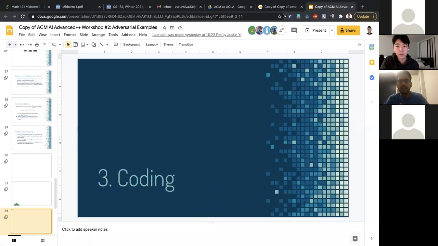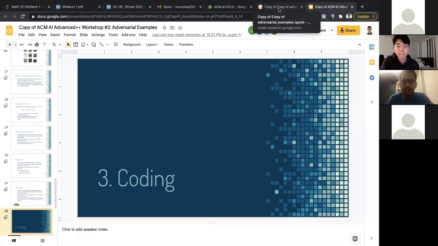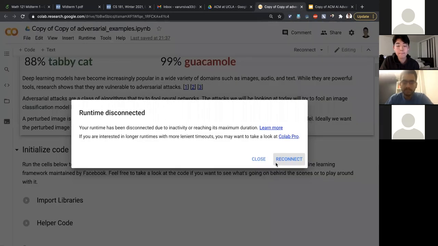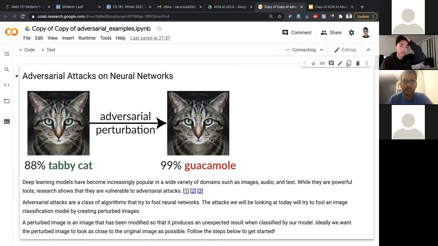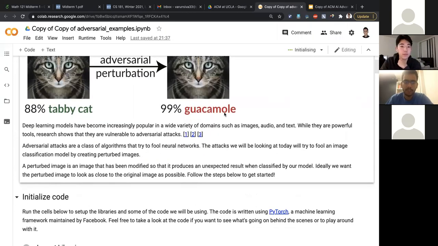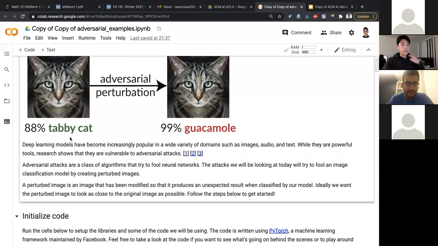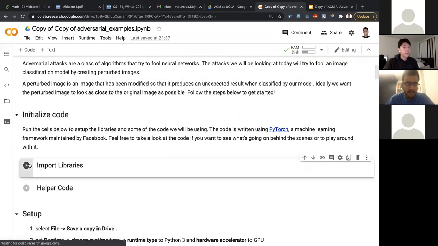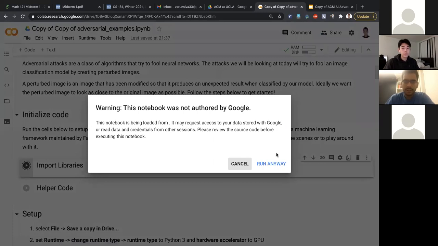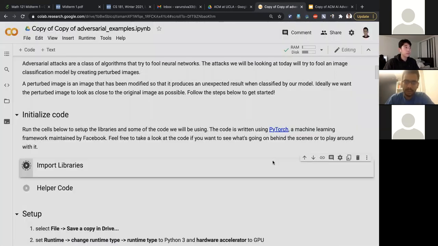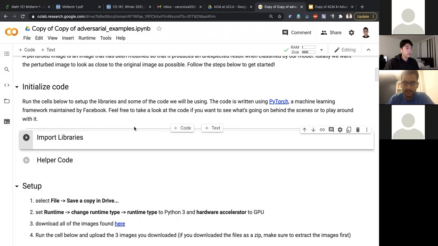I guess we can look into a demo of how adversarial models actually work. So let's go ahead and look at this. The link to the code is available in the workshop slides, so you can always play around with this later on your own time.